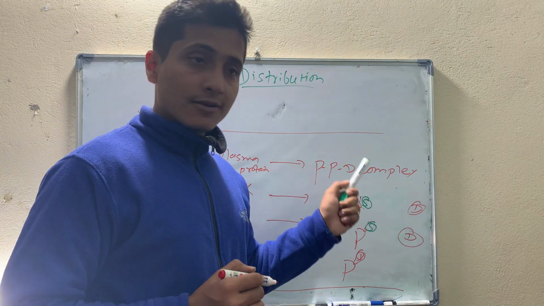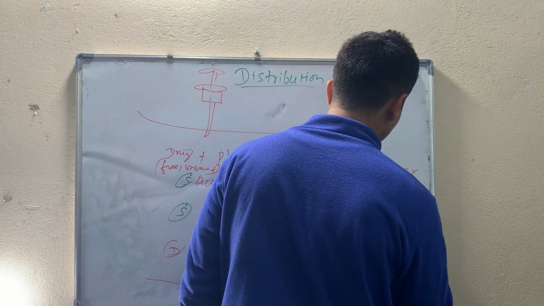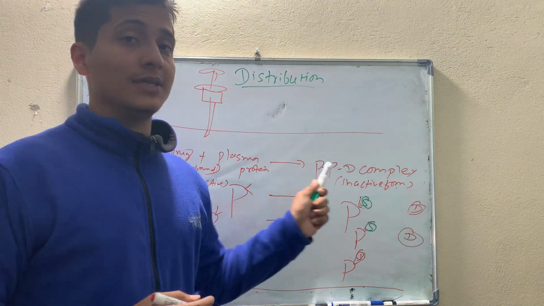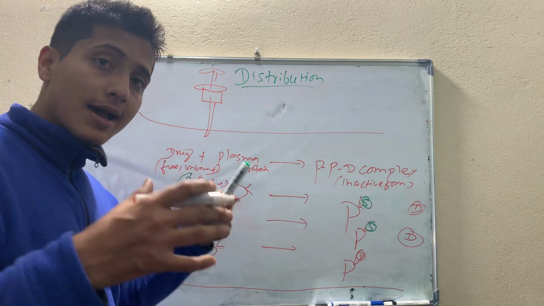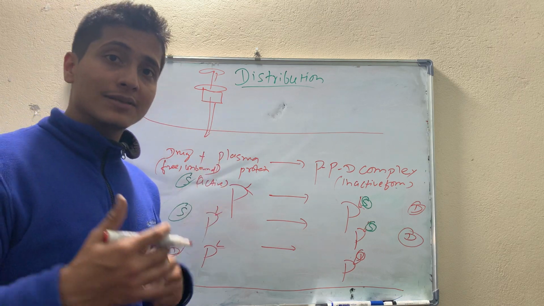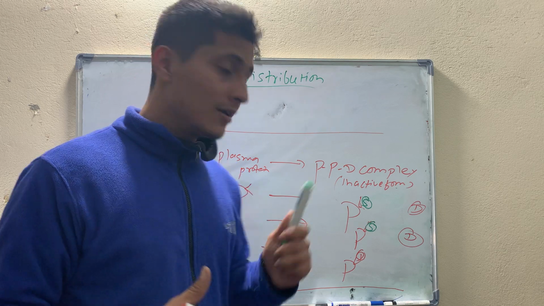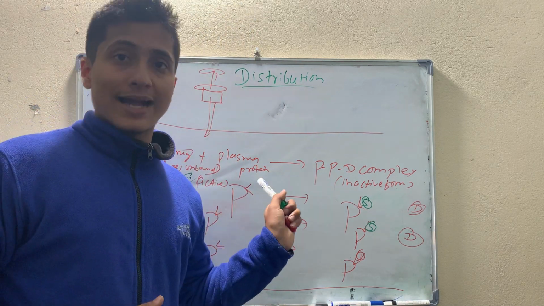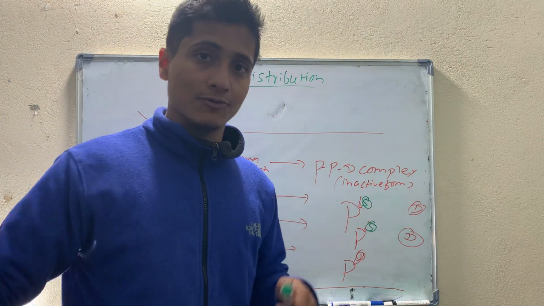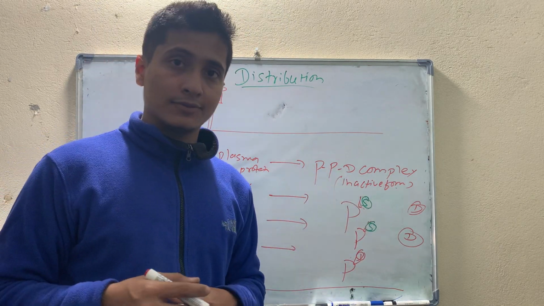When the drug is combined with the plasma proteins, they are in the inactive form. And when they are not combined with the plasma protein, they are in the active or free form. They get diffused into the tissues and they can cross membranes, so they are reactive or active. But these plasma protein bound drugs cannot easily diffuse through membranes. That's why they are inactive.